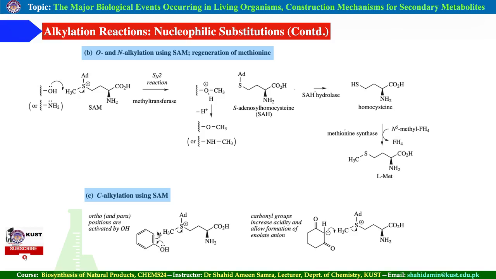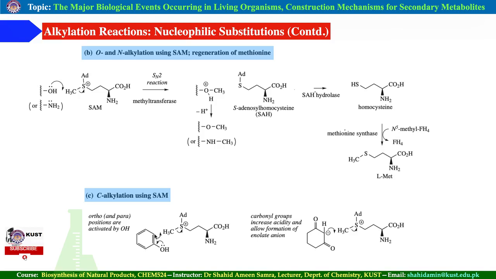This gets activated because of the resonance effect of this OH group. This electron pair will be going towards this bond, and a double bond will be created here. These two electrons will be moving towards this carbon, and this carbon will be having a negative charge. Both of these electrons will be concentrated upon this carbon, although it may move to other positions like this para position or this meta position. We will be concerned here only with this ortho position.